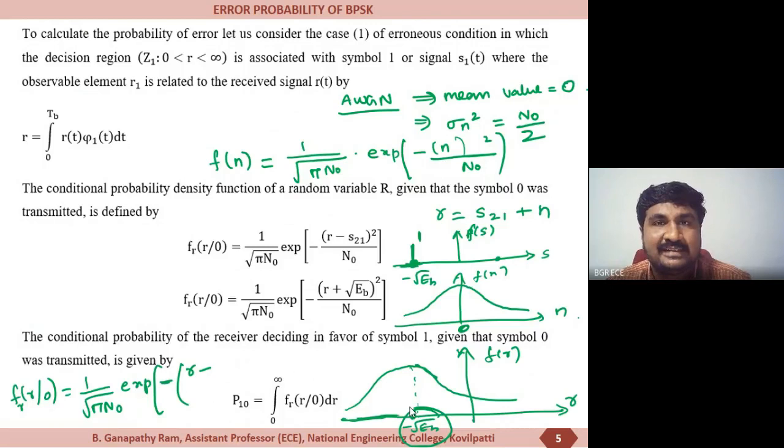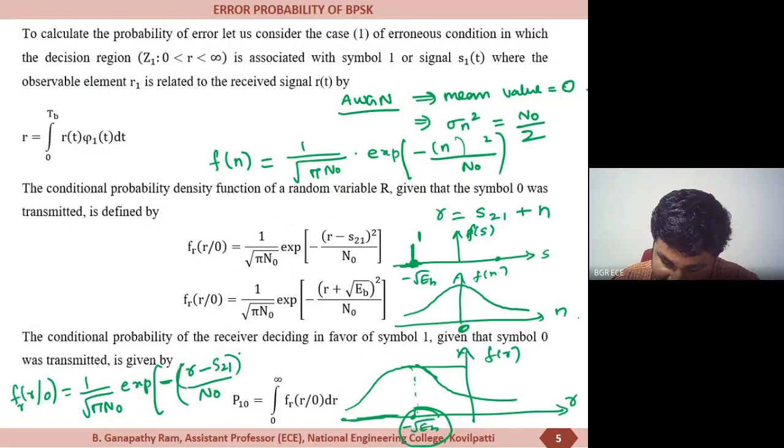Because always in the Gaussian distribution, the maximum value occurs at the mean value. So it is minus S21 by N0. This is what is written here.